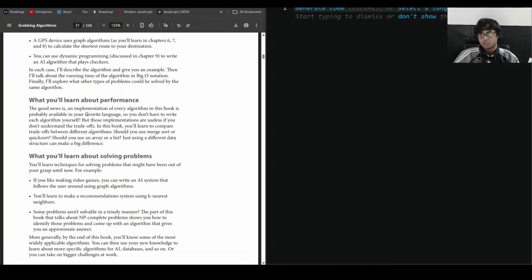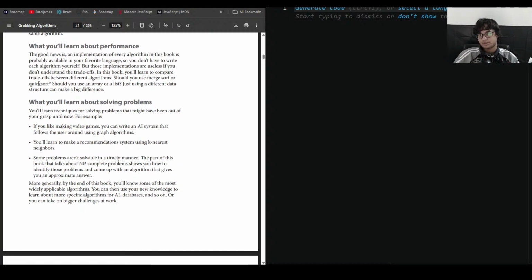What you learn about performance. The good news is an implementation of every algorithm in this book is probably available in your favorite language, so you don't have to write each algorithm yourself. But those implementations are useless if you don't understand the trade-offs.